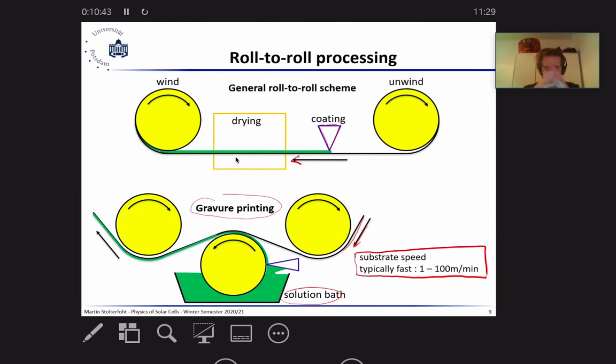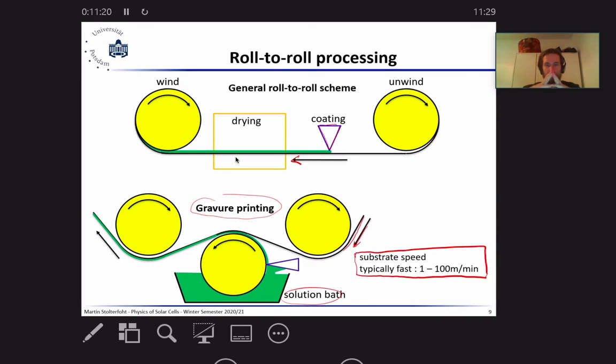in large sheets. However, this has not made such breakthroughs yet, because it's always very difficult to make perfect solar cells. In these large areas, there will always be inhomogeneities. There's a problem with the sheet resistance. So I'm not sure about the record efficiencies for roll-to-roll fabricated films, but they have not yet made a noticeable breakthrough at the moment.